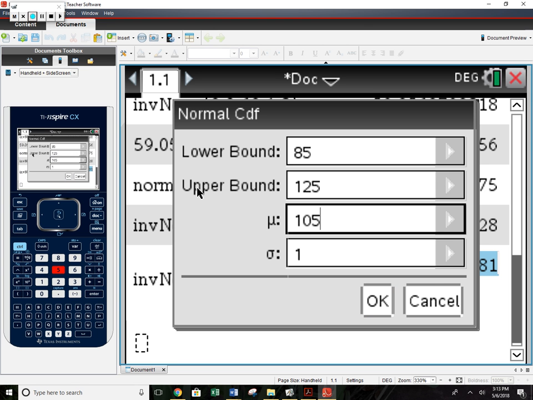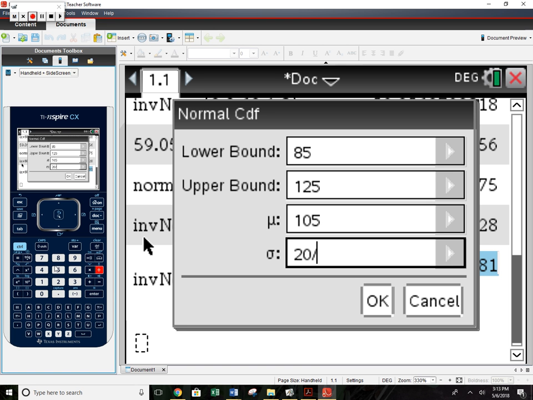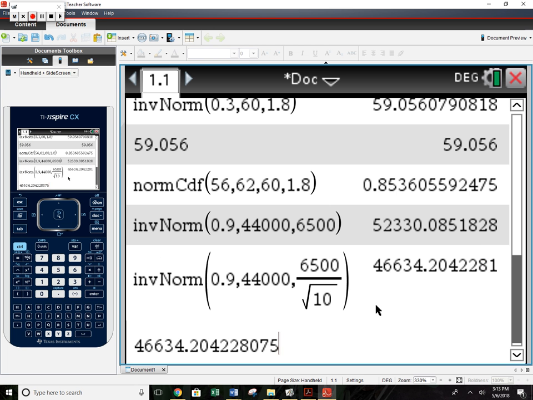Average is 105, and sigma is 20 divided by square root of 20. And is that right? Okay. Holy cow, why is that not working? That is super annoying.